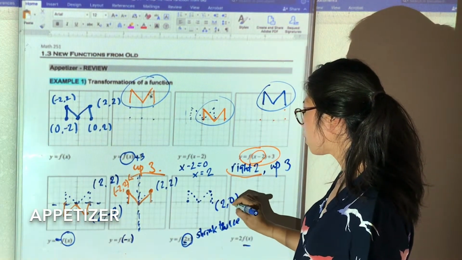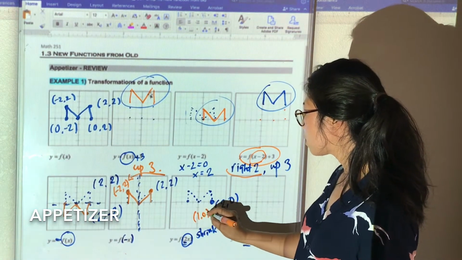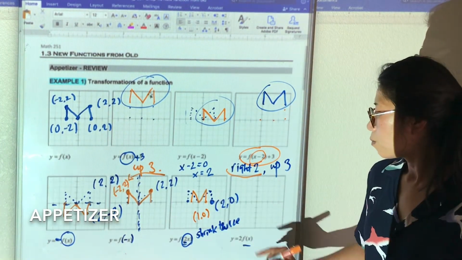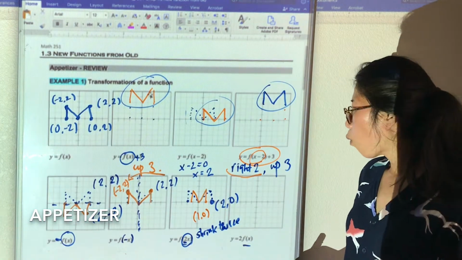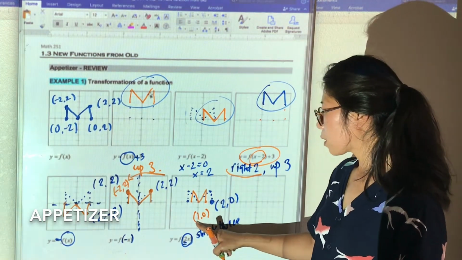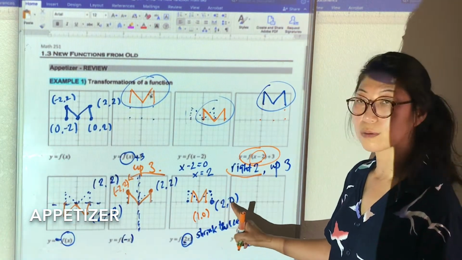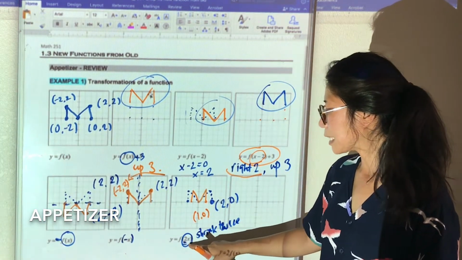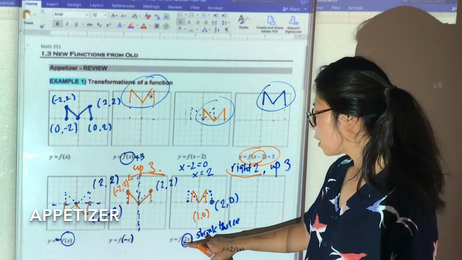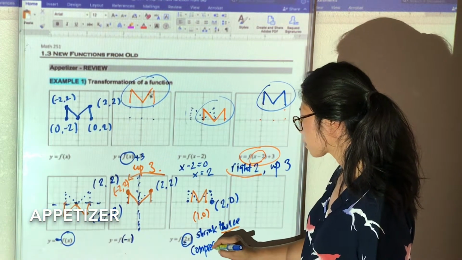So if I have a 2, 0 in here, then that will give me 1, 0, and my graph is going to be this way. My y stays the same, however my x value is going to shrink by twice, because if I plug in 1 times 2, that is the same as this value 2, 0. So if you have a 2 multiplying x inside of the function, that will shrink twice, or we can also say compress twice.